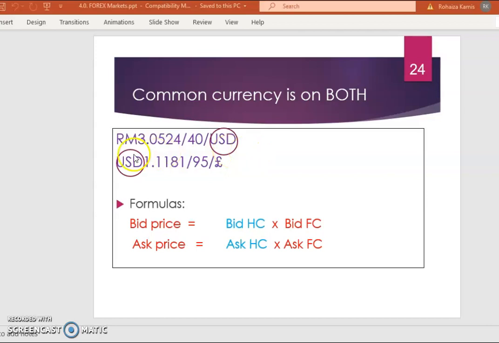You can see these are RM against USD and USD against pound. So the common currency here is USD. So you need to use this formula: bid home times bid foreign, ask home times ask foreign.